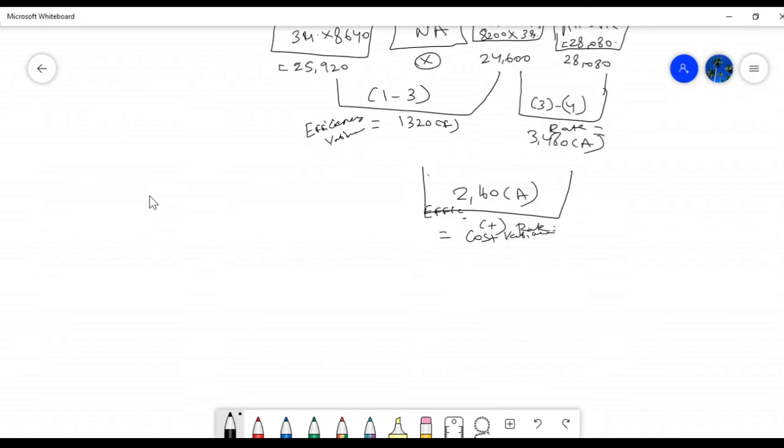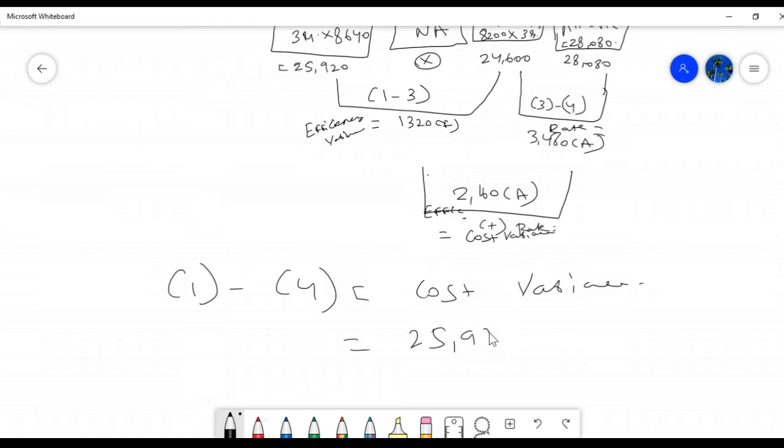Another way is 1 minus 4, which equals cost variance. What is 1? 25,920. What is 4? 28,080.